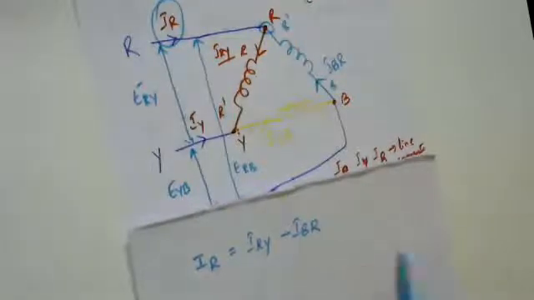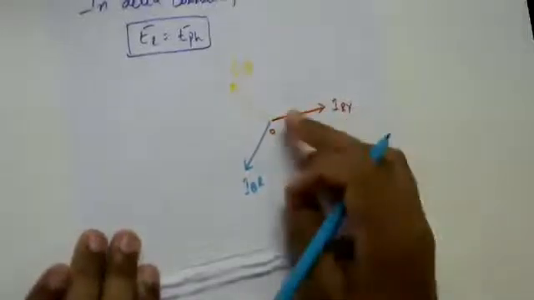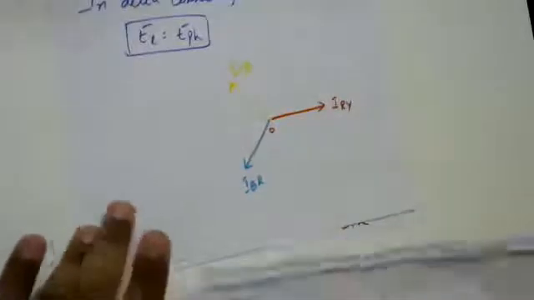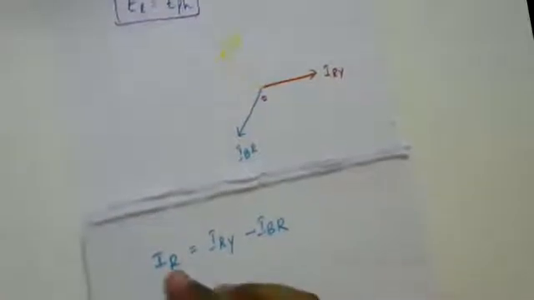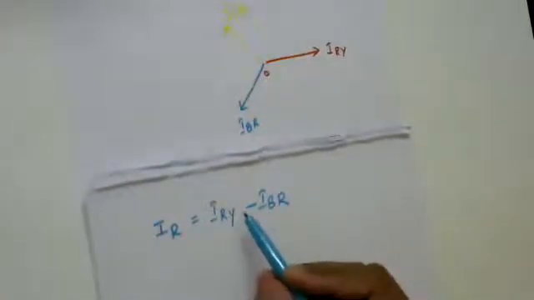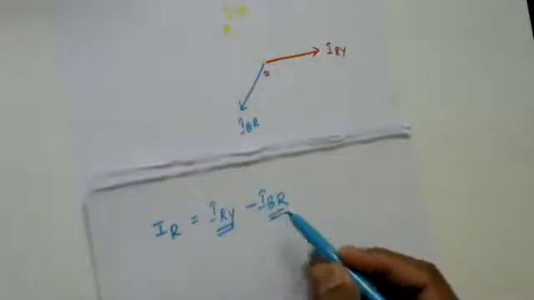Now that I have this equation, I have to implement it in vector form. In my vector approach, I have IRY, IYB, and IBR. This equation says that to get the IR current, I should have the vector sum of IRY minus IBR.